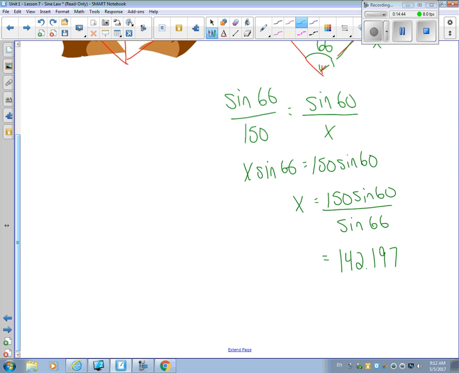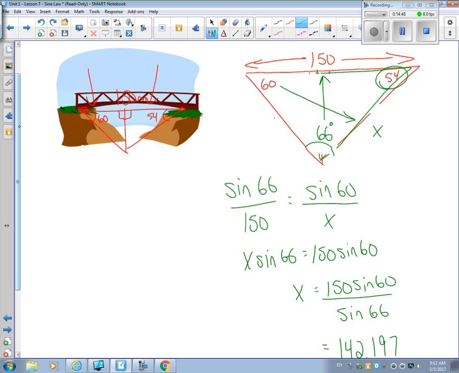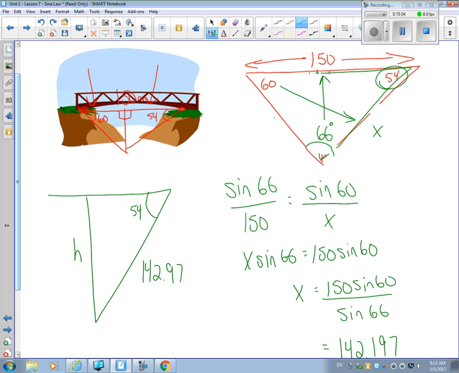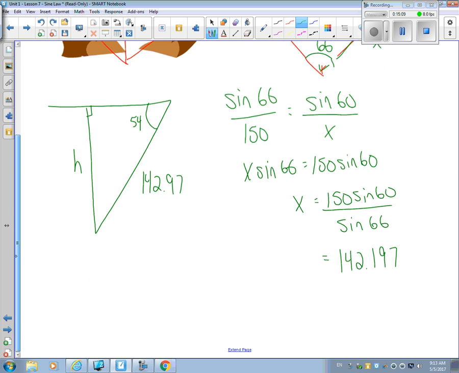And we should get 142.97. Okay, now if we look at our diagram again, what is that? Well, that is this side over here, 142.97. This angle we know is 54. The height of my valley, the depth of my valley is right there, h. Well, that's a right angle triangle now. I can use SOHCAHTOA again. So I have the opposite, I have the hypotenuse.